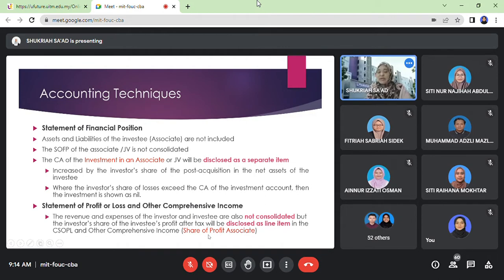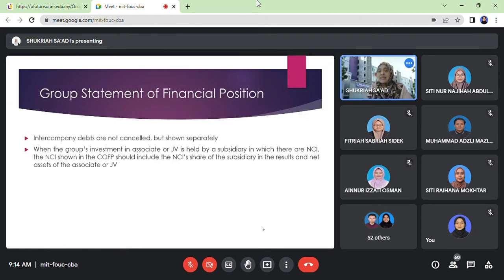Normally we put that item as share of profit of associate. Remember we have pre and post profit. This share of profit of associate is related to post profit only, which is after the investee becomes the associate.